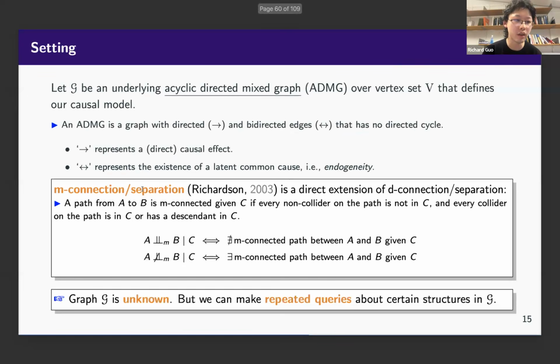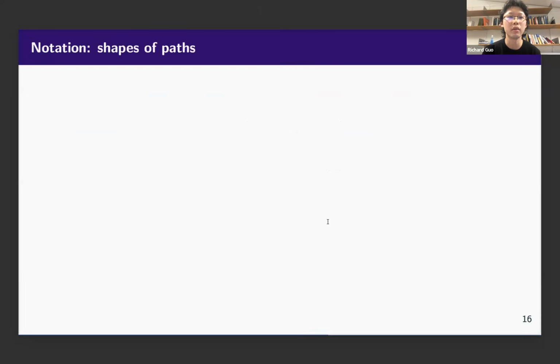As you can see, M-separation or M-connection is a statement about the existence or non-existence of certain paths, and there is no restriction on these paths except for their connectedness. But for our purpose, we're interested in confounding control, and that means we only care about certain shapes of paths. The shapes can be defined in many ways.